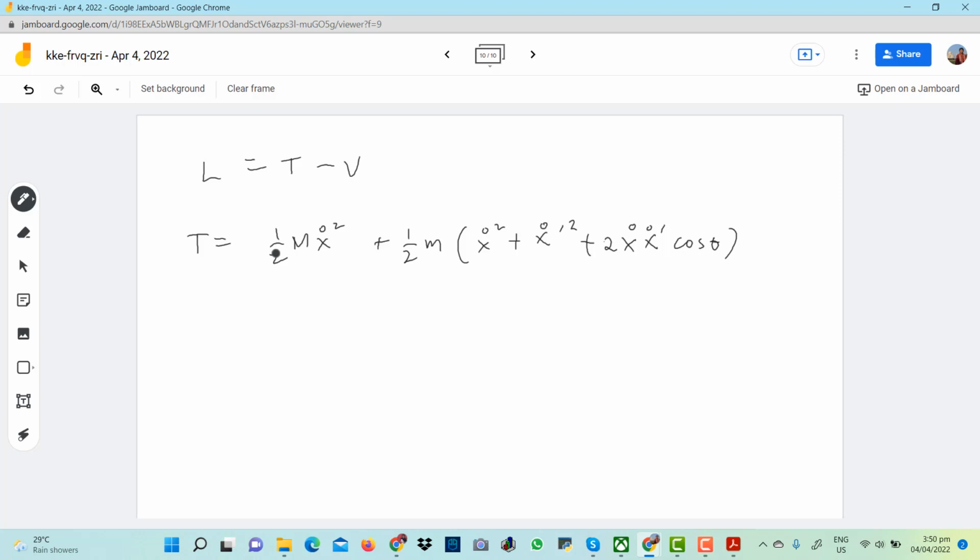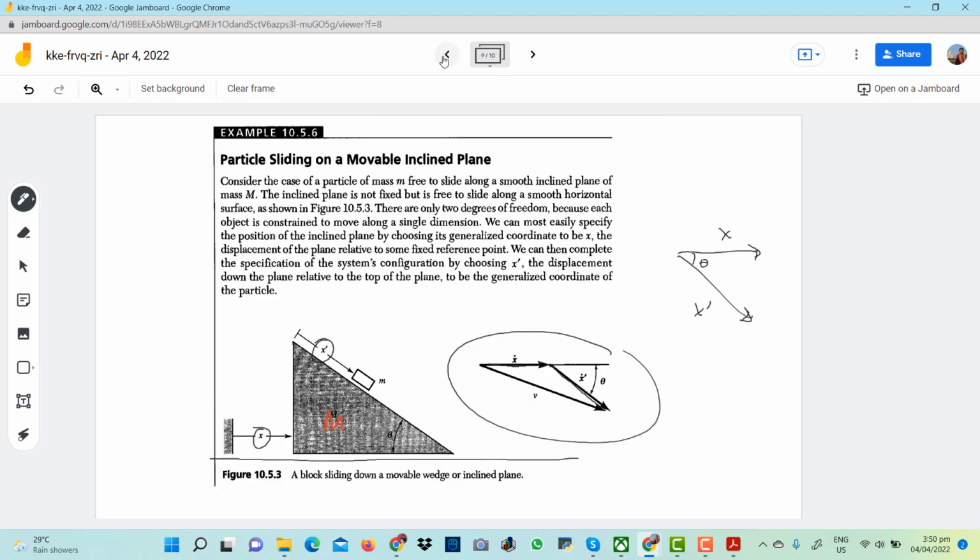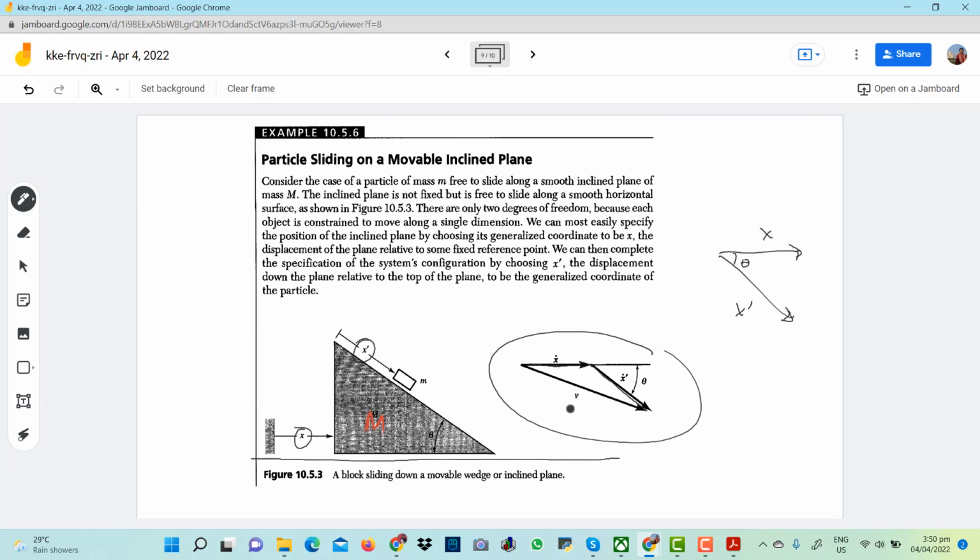Where does that come from? Take note, this is a vector. You can write v as vector x dot plus vector x dot prime. So if you do that product, what will you get?